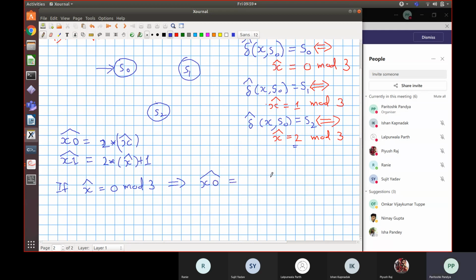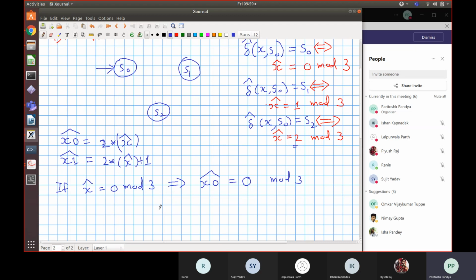What will this be mod 3? What will be the remainder of 2 X hat? If the remainder of X hat divided by 3 is 0, then if I double the number, the remainder will still remain 0. So this will also be 0, right? Is this clear? Anybody confused about this?